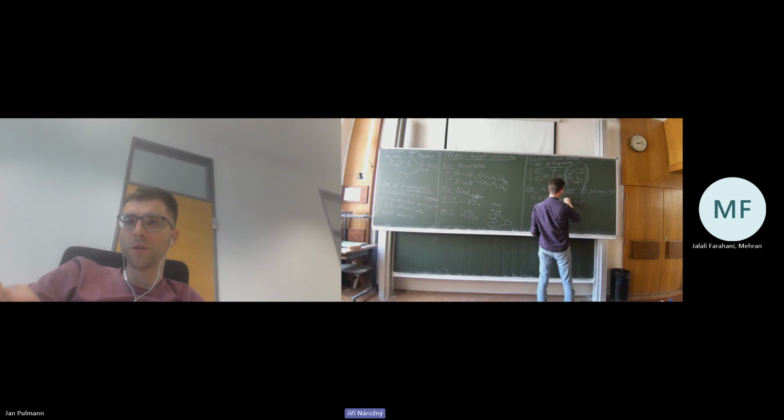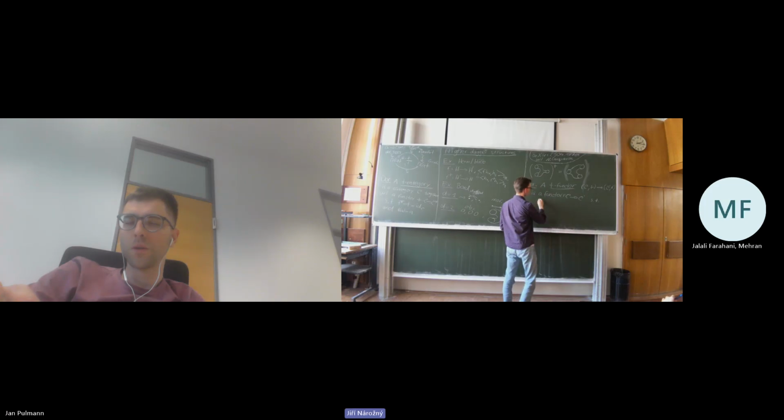I should write an F here for the functor F. That satisfies the following property. It should be compatible with the dagger structures. Namely, dagger prime composed with F should be the same as F composed with dagger.